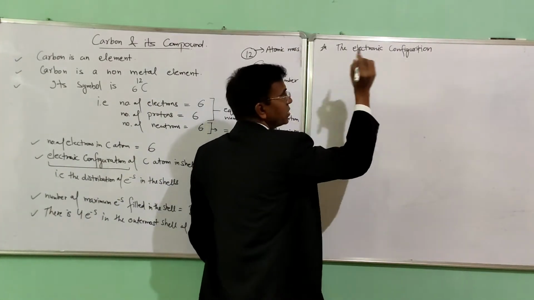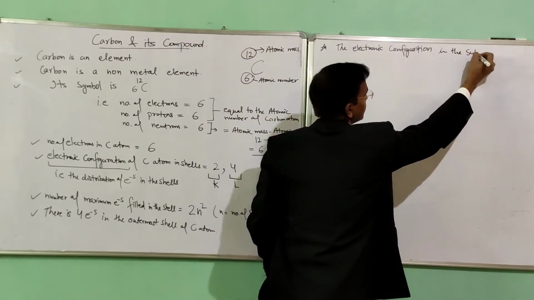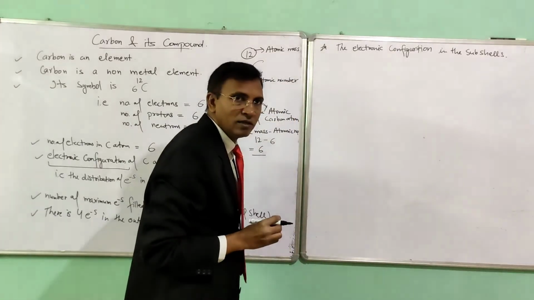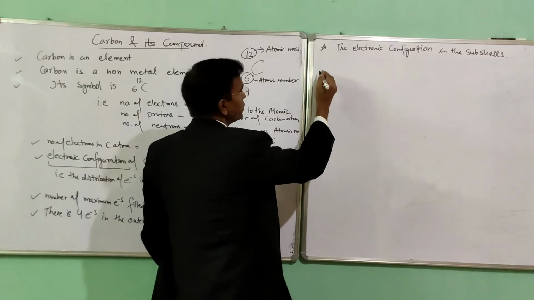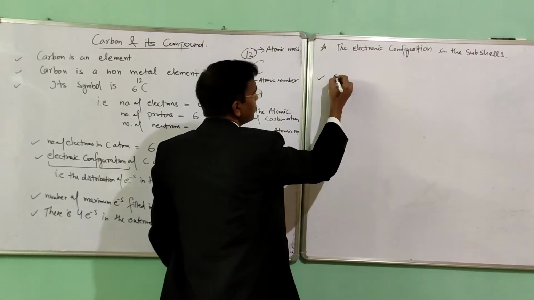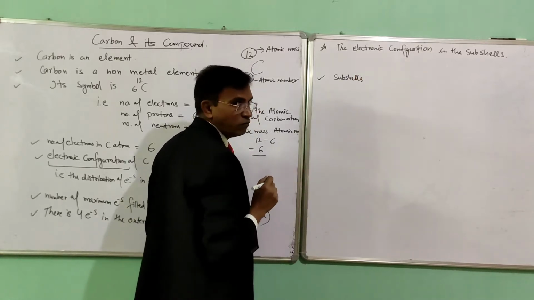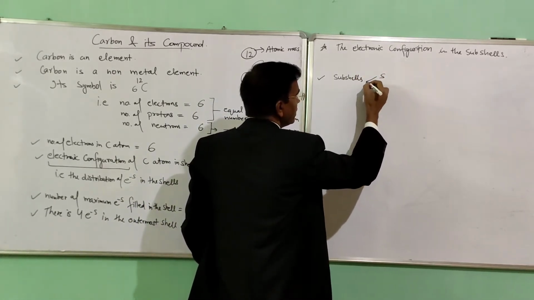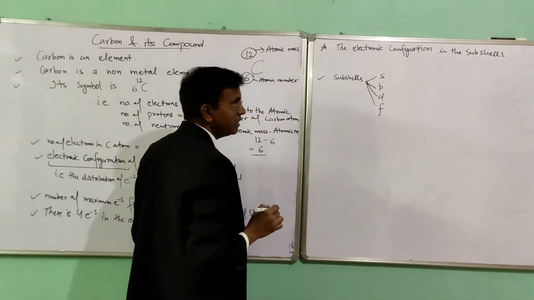What are subshells? Subshells are of 4 types: S, P, D and F.